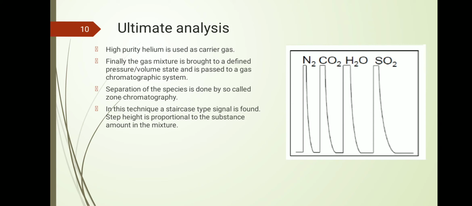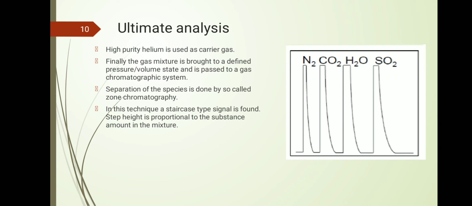For example, here all of them are represented with equal height. That means the nitrogen, carbon dioxide, H2 and SO2 are in almost the same proportion, but actually there will be different step heights. So that we have to interpret with the help of some software and other inbuilt data.